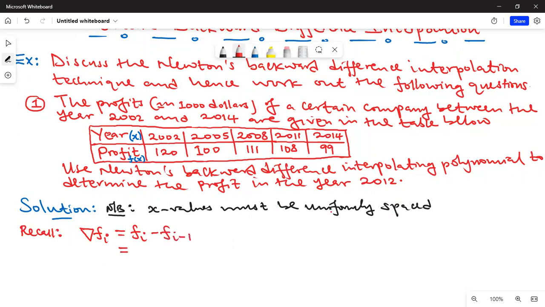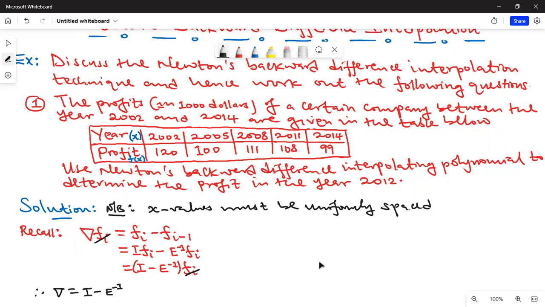In terms of the shift operator, this is the same as identity operating on Fi minus the shift raised to negative 1 operating on Fi, which you can write as identity minus the shift raised to negative 1 operating on Fi. Therefore, the backward difference is the same as identity minus the shift raised to negative 1.